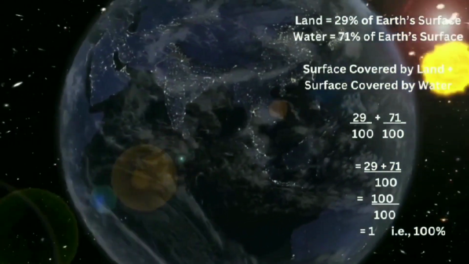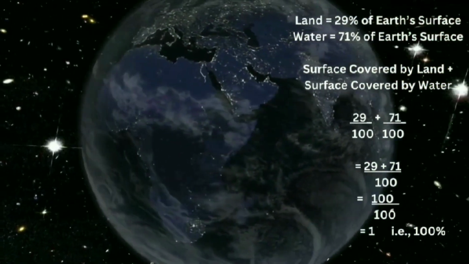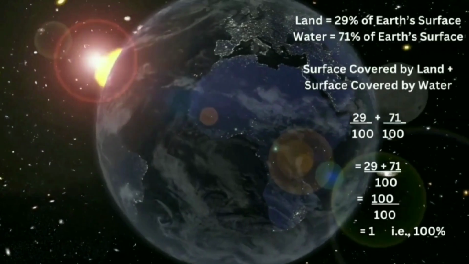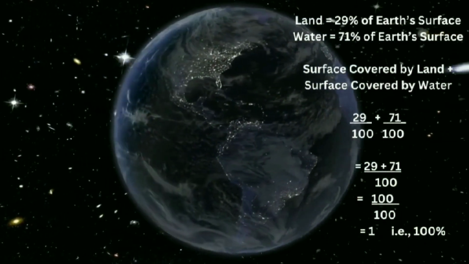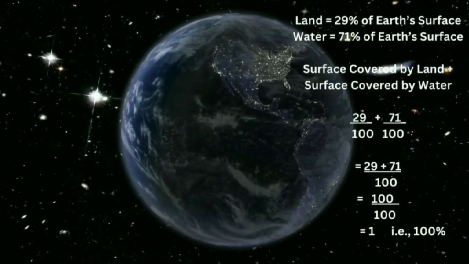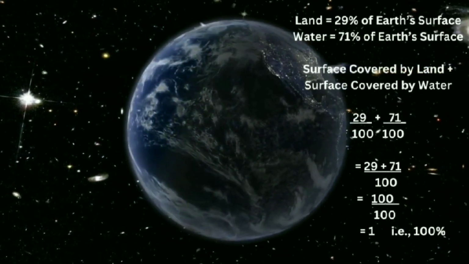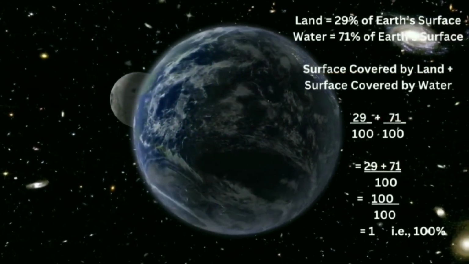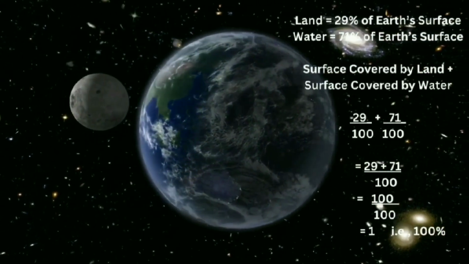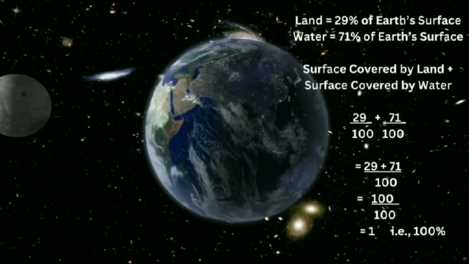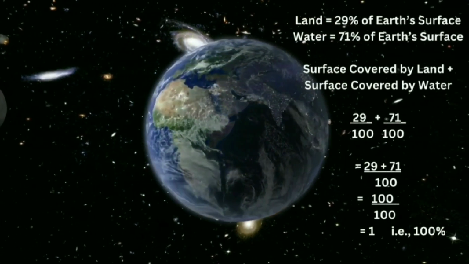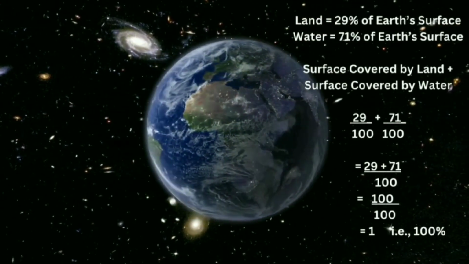Now, if I see the two fractions, the denominator is equal, 29 over 100 plus 71 over 100. When two fractions have an equal denominator, we call them like fractions.